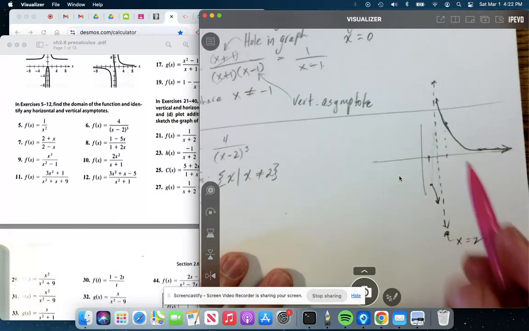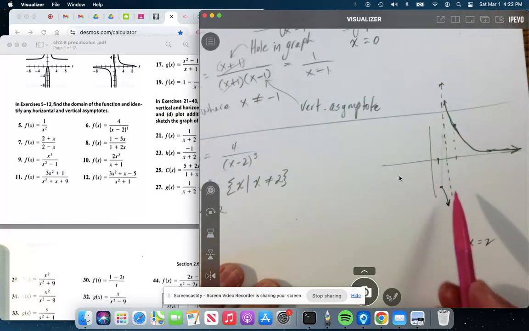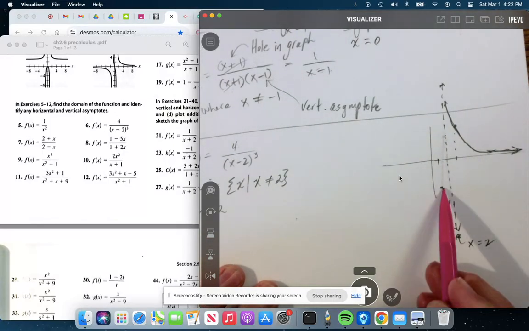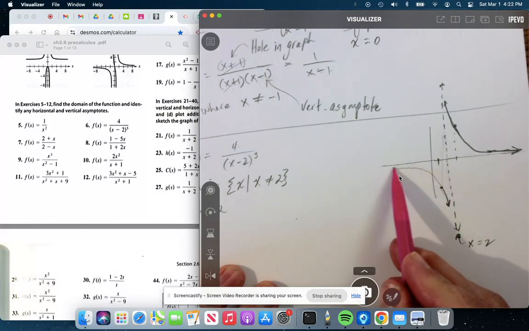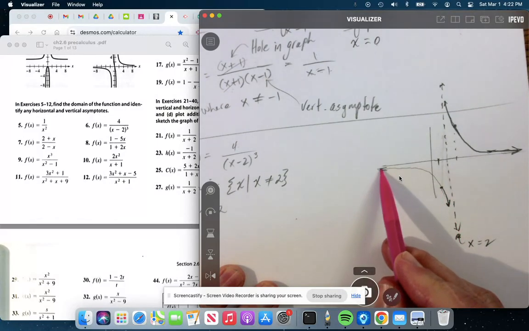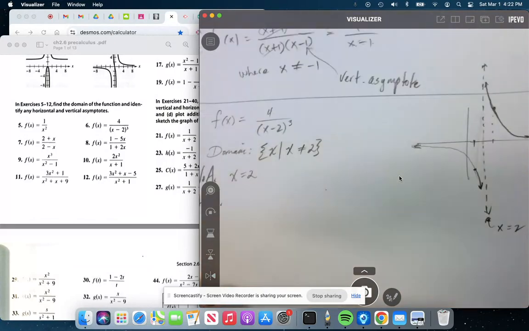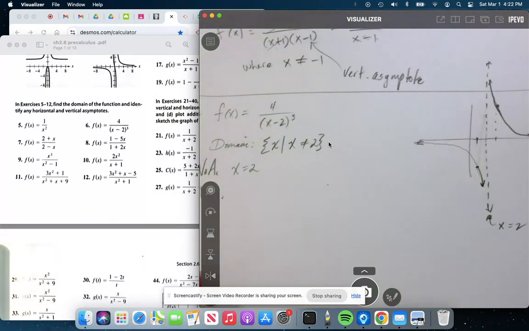And I think this is going to do the opposite. It's going to go up this way somehow, right? It's going to do this. Now let's think about why that is.